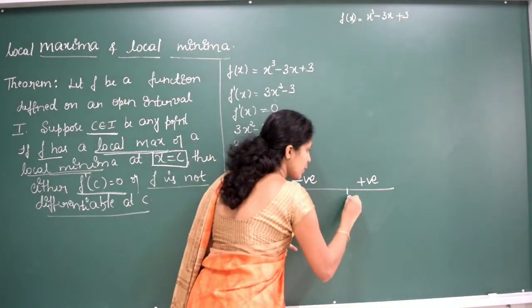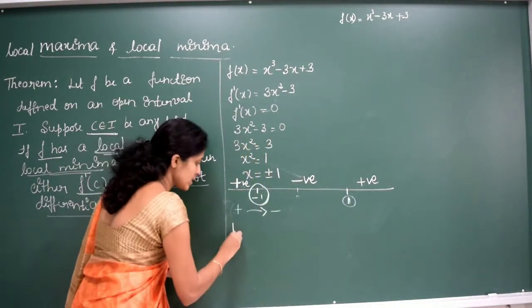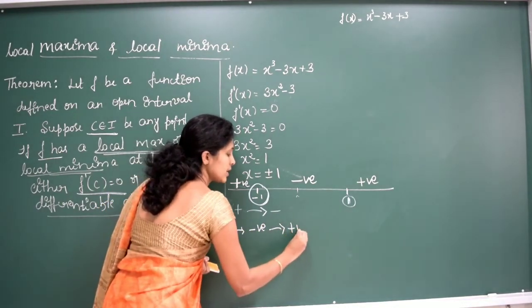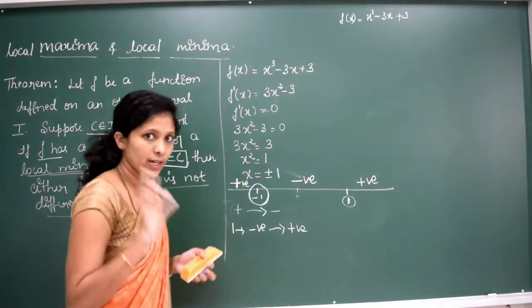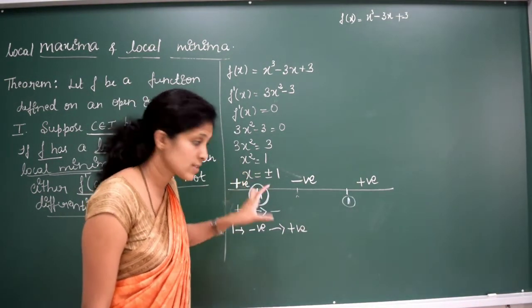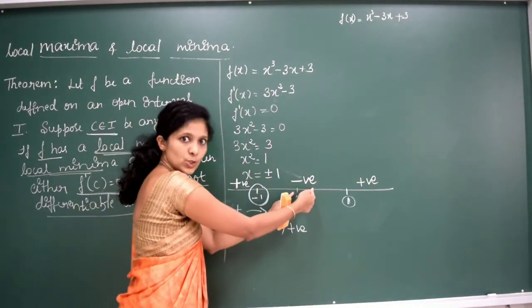At the point 1, the function changes the value from negative to positive. Is it clear? At the point minus 1, this is positive and here it jumps to negative.